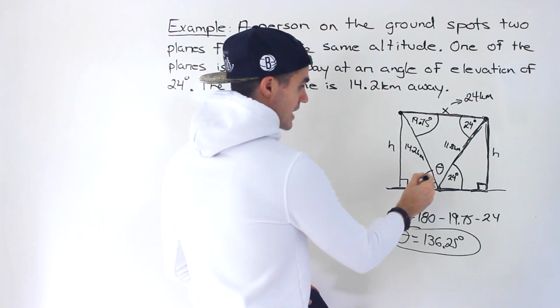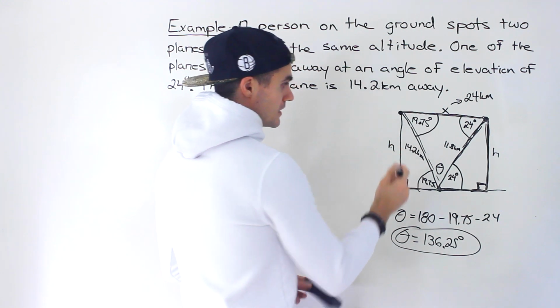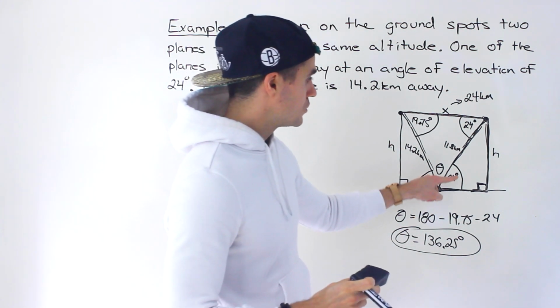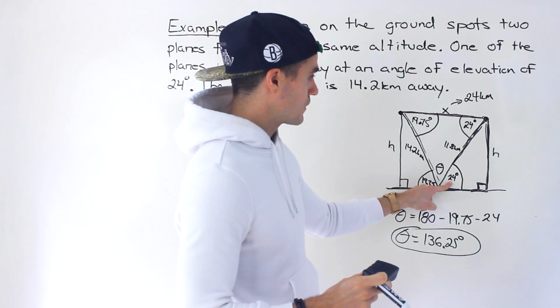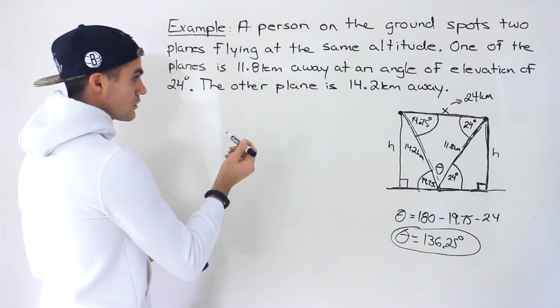So we could use this angle, this hypotenuse, and solve for that side. But again, I prefer to use this because we were already given the 24 degrees and the 11.8. But you could use either of these triangles.